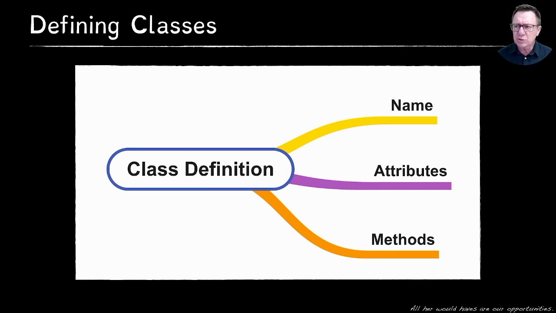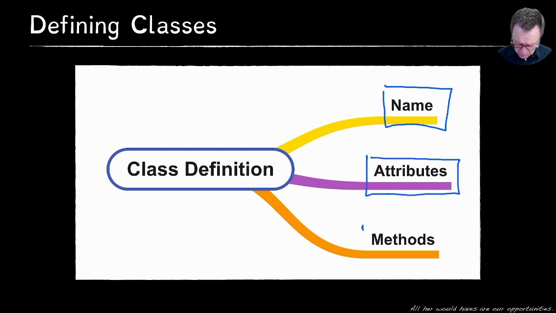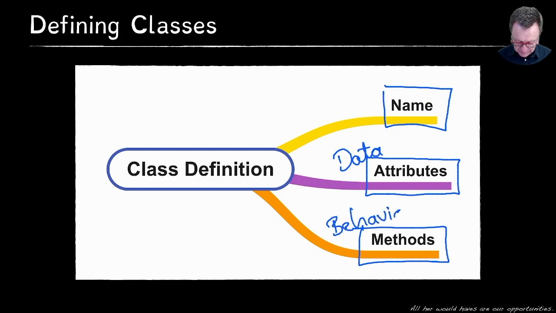Now, when it comes to defining a class, what we're looking at is we have the name of the class. That makes sense. We have the attributes, all right, the attributes of the class, and then we have the methods. So that could be also data, and this could be behavior. And I don't know if I've spelt that correctly, but who cares?